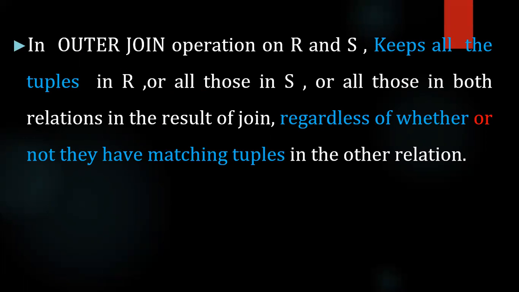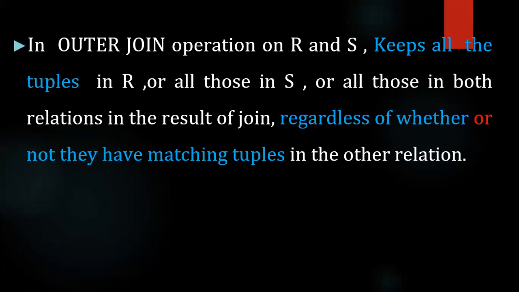Why does it sometimes display tuples from both relations? Because outer join is not eliminating the unmatching tuples. Regardless of whether the tuples are matching or not, it will keep all the tuples. This is the concept of outer join.